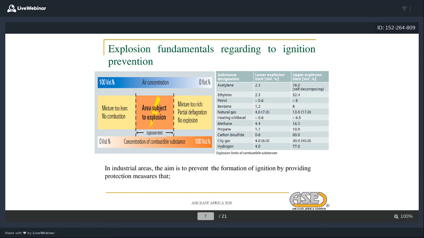Then there are ethane, petrol, benzene, natural gas, heating oil or diesel, methane, and propane.